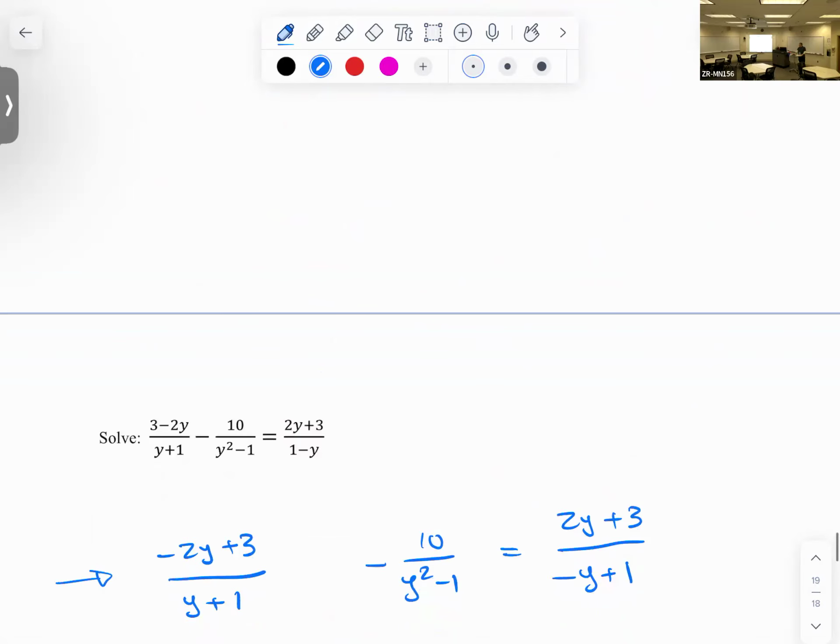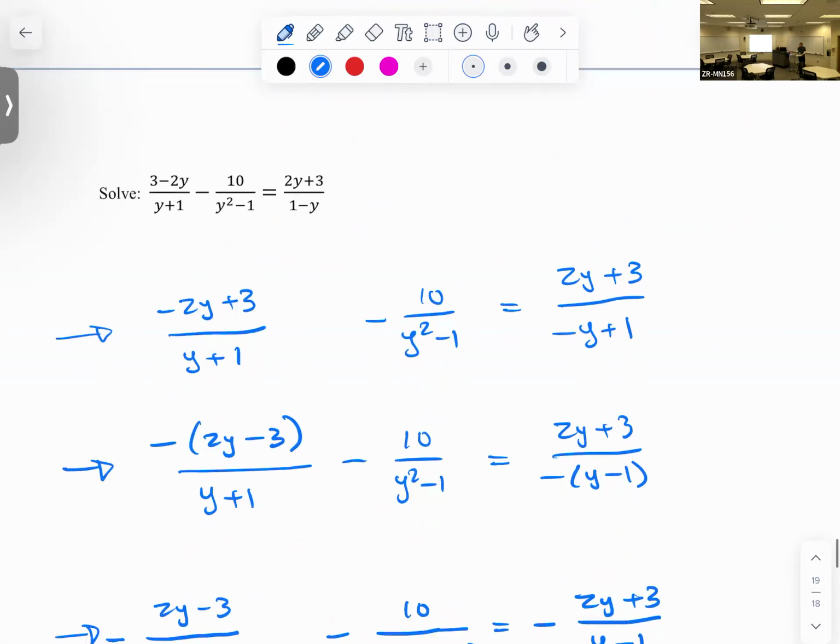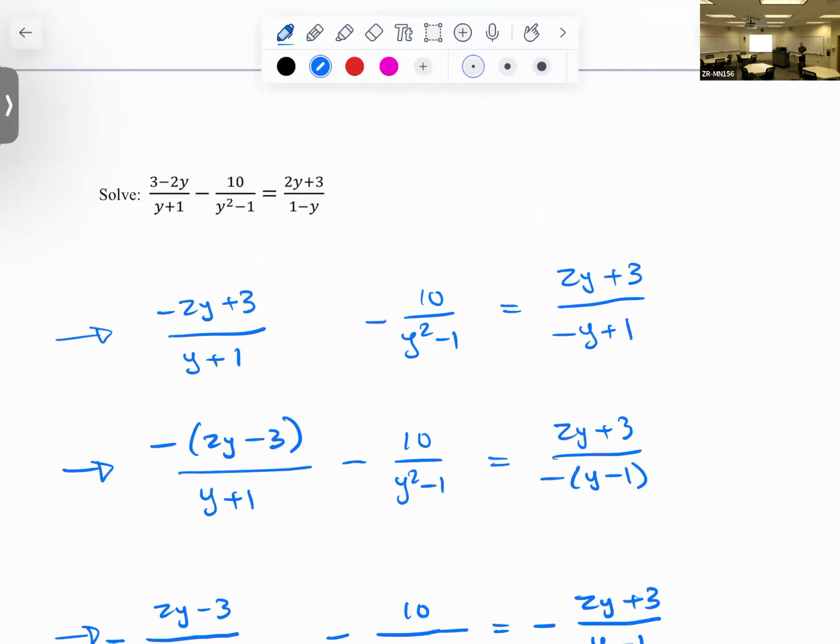All the way back to the top. What number can y not be? Zero? No, 0's okay. And -1? Yes, -1. If y is 1 or -1, I end up with zeros in the denominator.